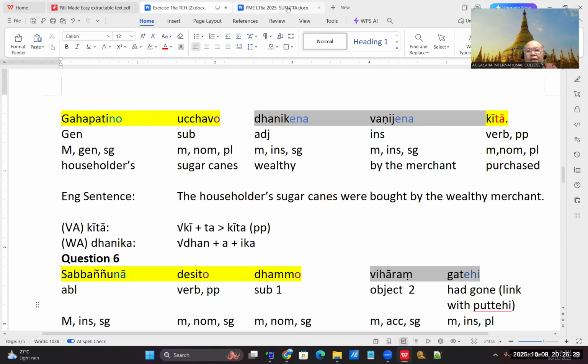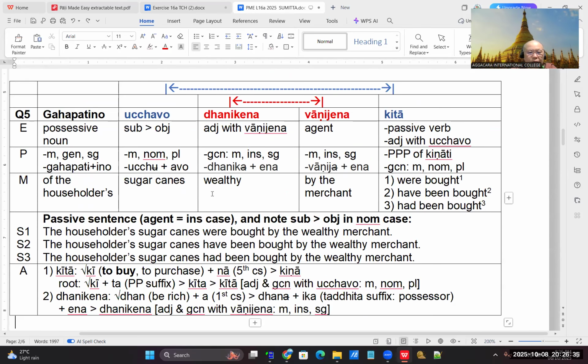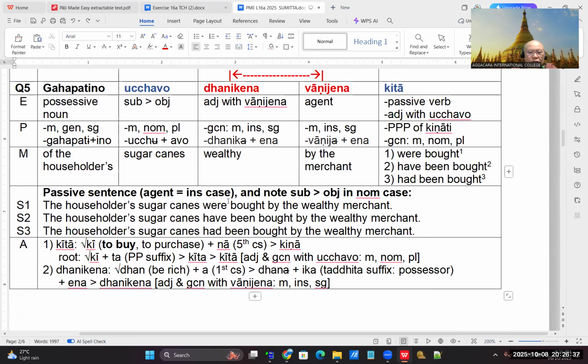Well, we don't know what time they bought this sugar cane. It's not mentioned today or yesterday or the day before, so it's just a general statement. Kita, ki plus ta. When you want to show kita, a past participle, you no need to show the na fifth conjugation.